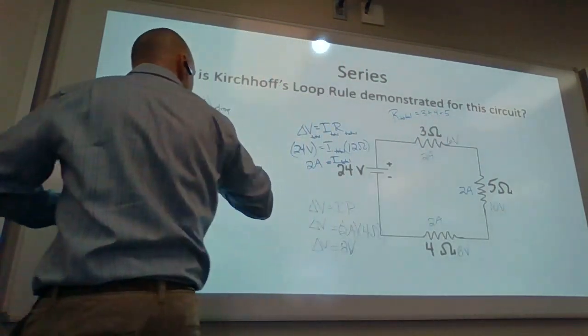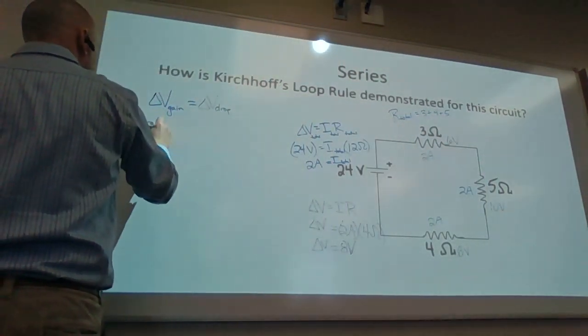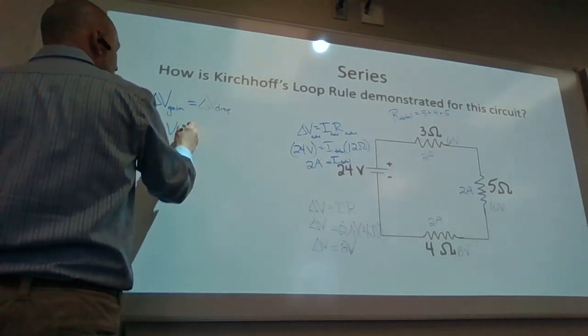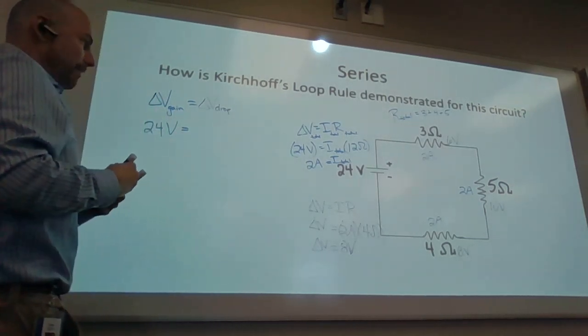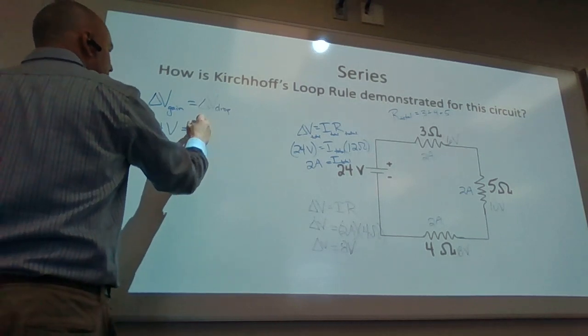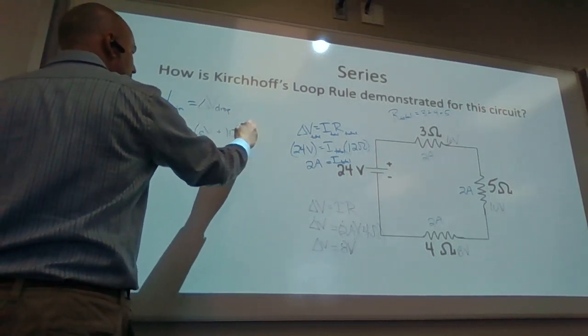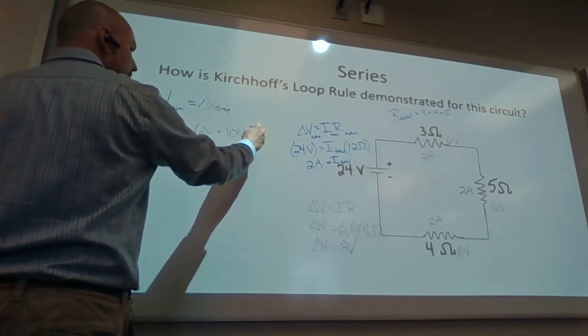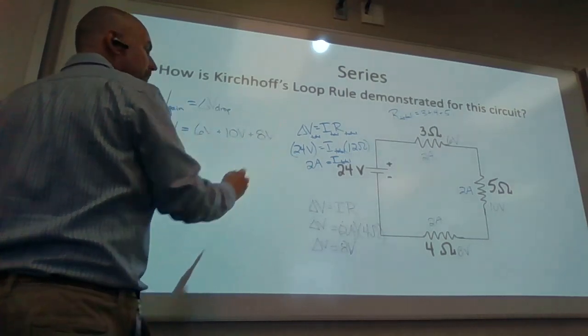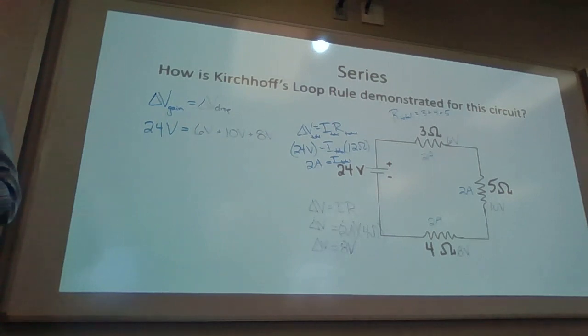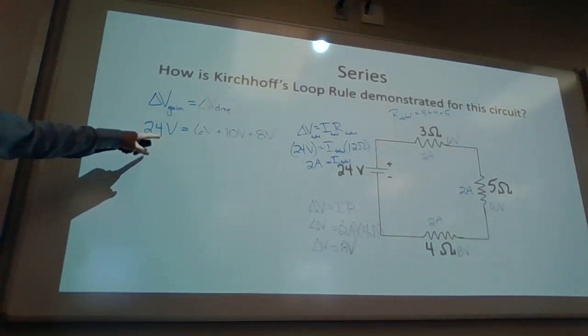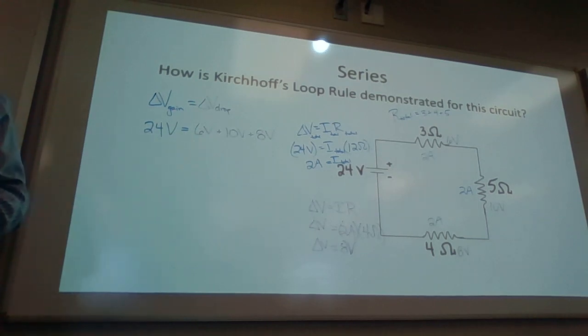Voltage gain was based off the battery. It's a 24 volt gain. Voltage drop: the 3 ohm resistor had a 6 volt drop, the 5 ohm resistor had a 10 volt drop, and the 4 ohm resistor had an 8 volt drop. This will always work for any loop in a circuit that you draw.